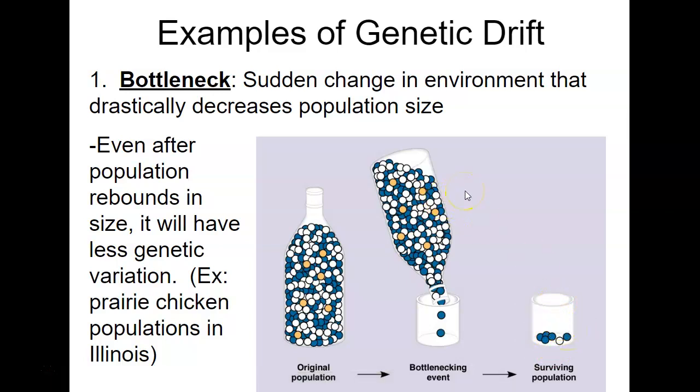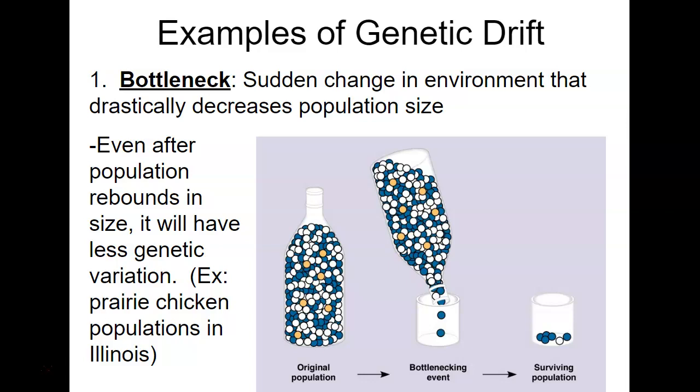One of the hallmark examples of that is cheetahs. There was a disease that popped through the cheetah population, or they were hunted to almost extinction. There was a very limited number left, and they used that small size to rebuild the population.